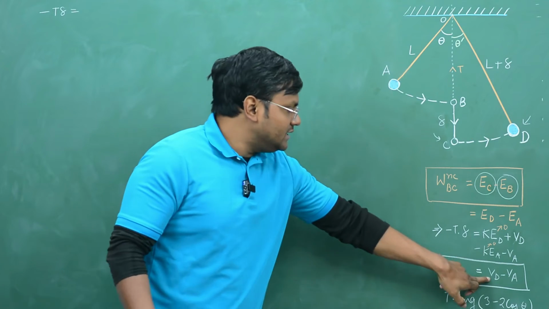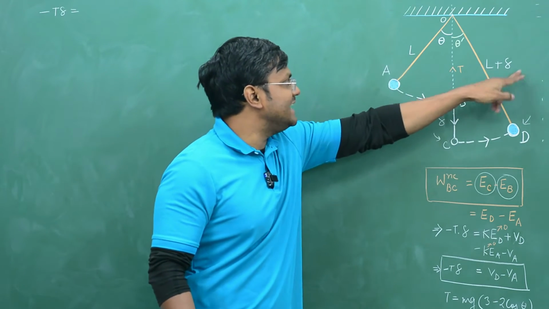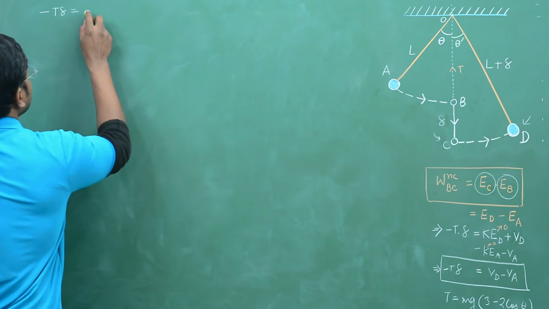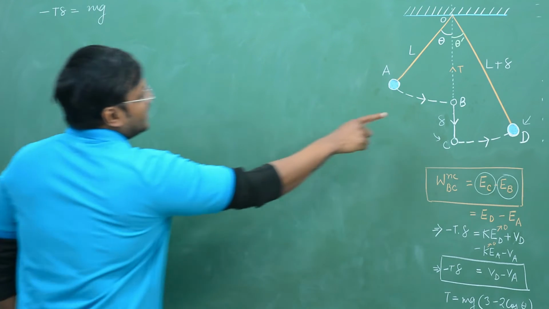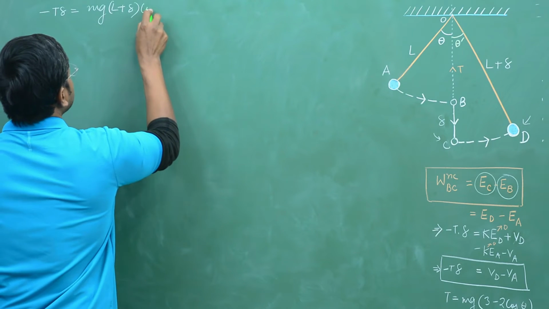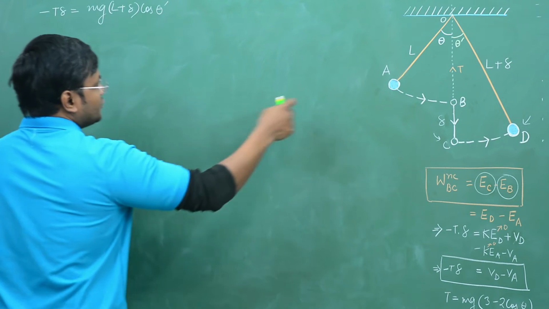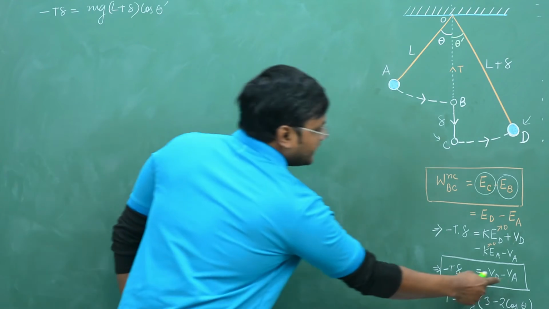So for VD, mg, what is this height? L plus del cos theta dash. So VD is mg times L plus del cos theta dash, where theta dash is the angle by which it is displaced on the other end, minus VA.